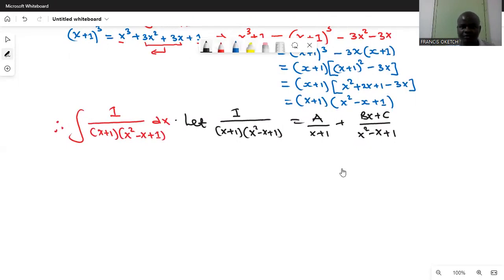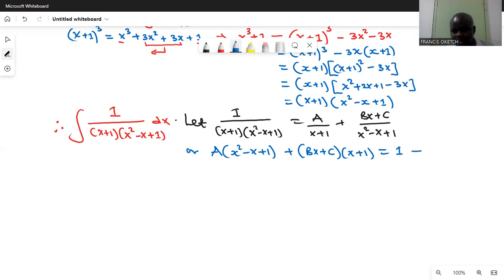How do we find them? So I'm going to cross multiply this equation by the LCM to get a times x squared minus x plus 1 plus bx plus c times x plus 1 should now give us 1. I have multiplied both sides by the LCM.